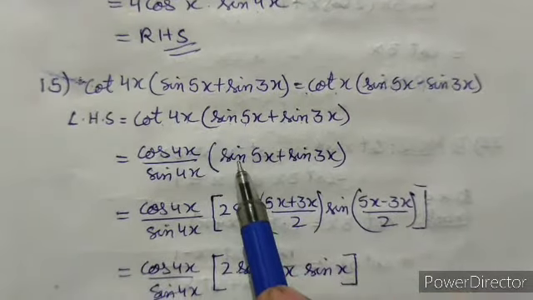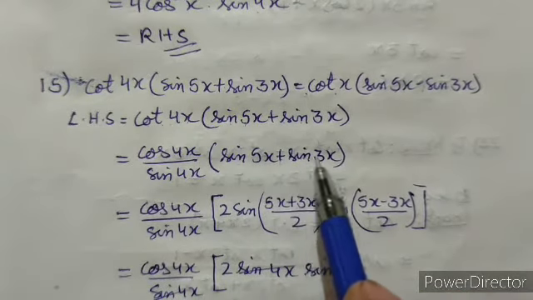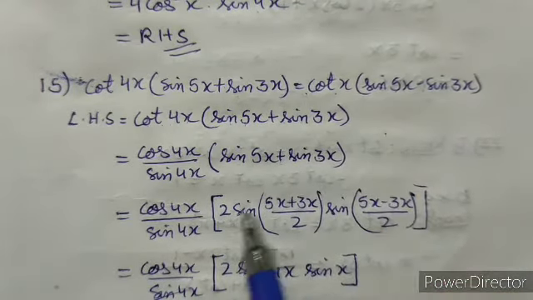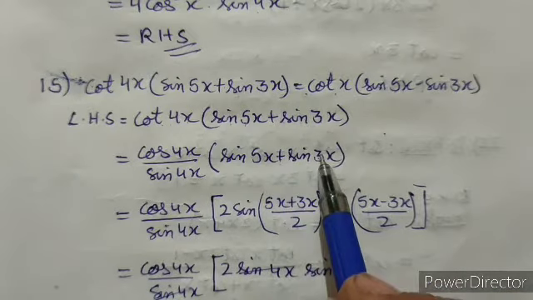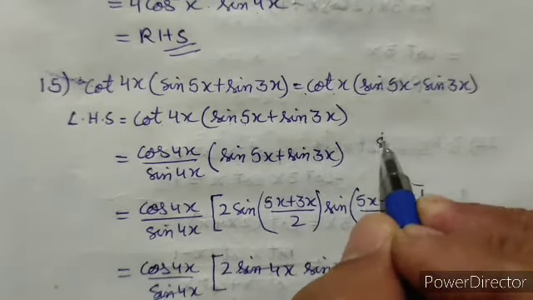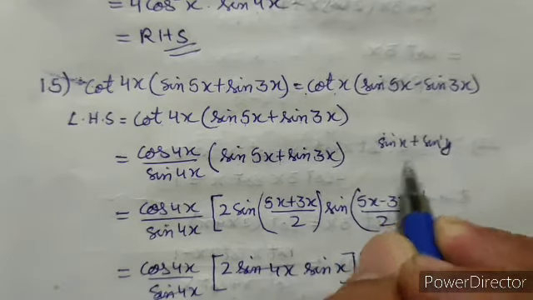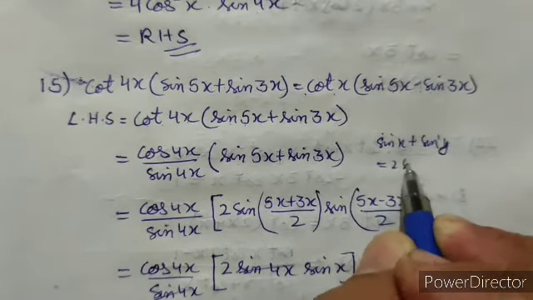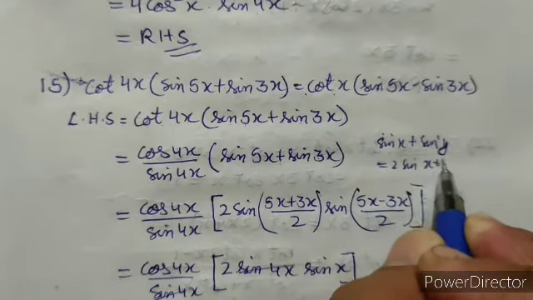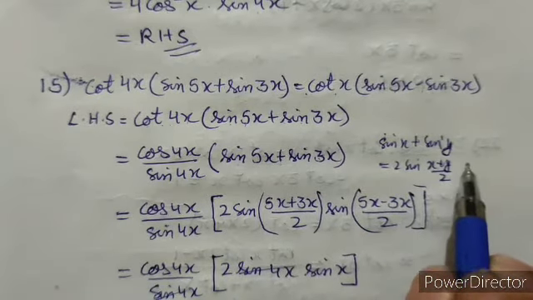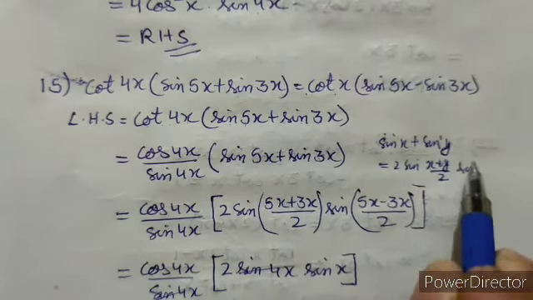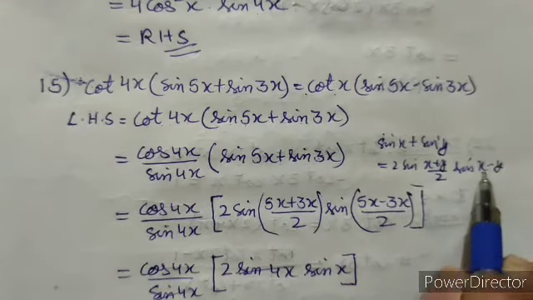Now, sin x plus sin y is equal to 2 sin (x plus y upon 2) into sin (x minus y upon 2).